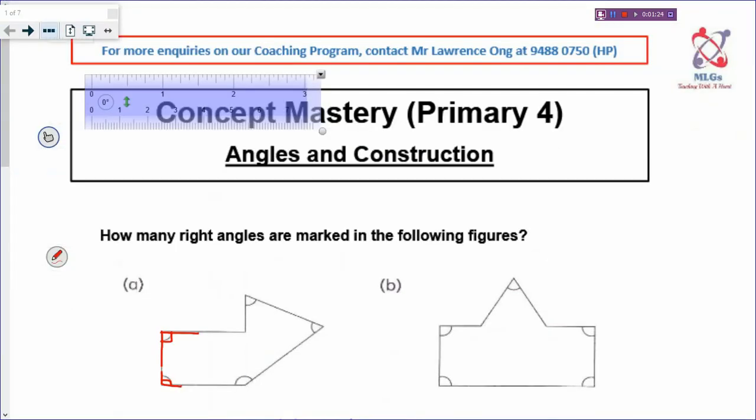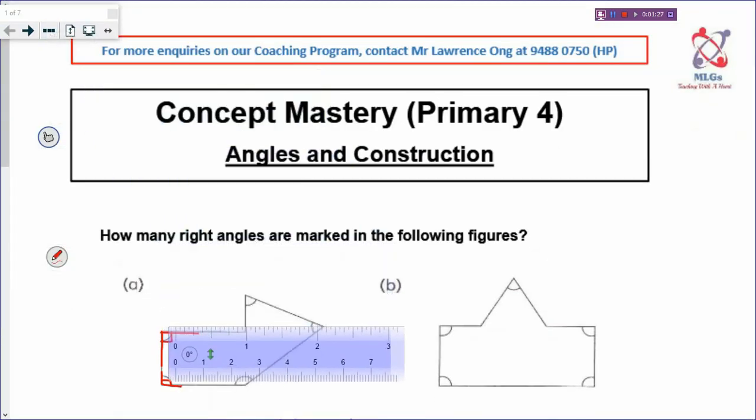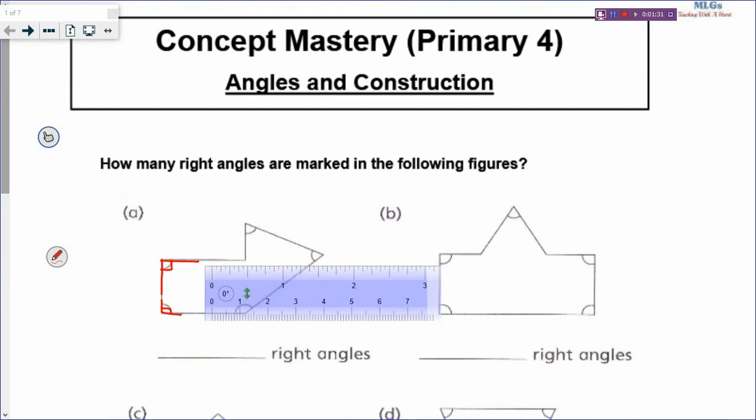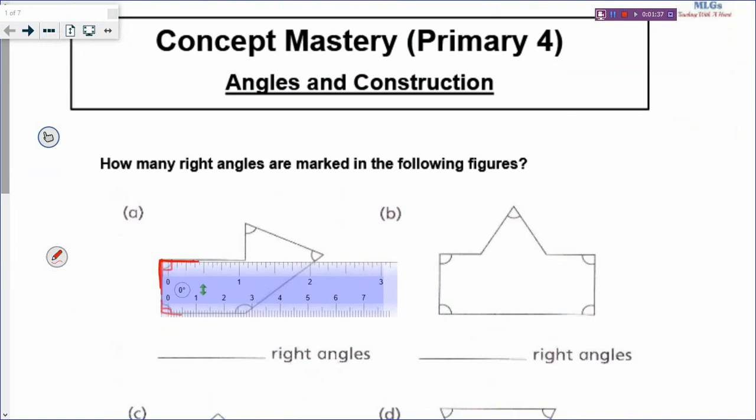So let's test one of the angles. For example, let's put the ruler on any one of the two red lines. Let's test this angle. You can see it forms an L shape. The ruler has corners, and the ruler has a very nice L shape that forms a right angle.